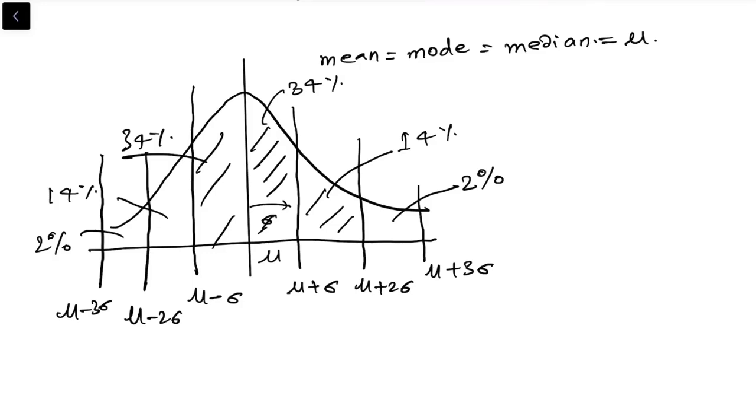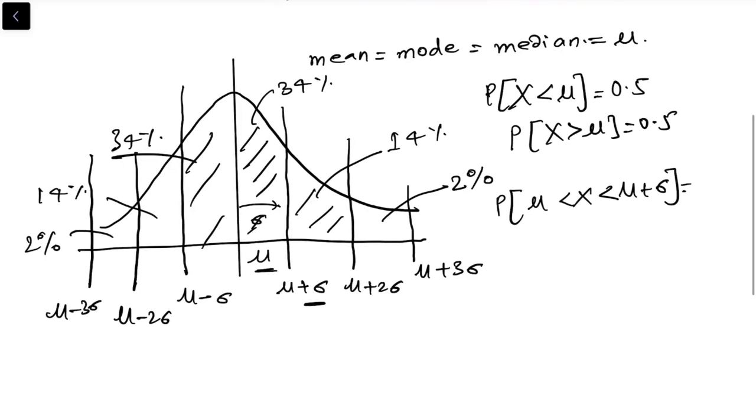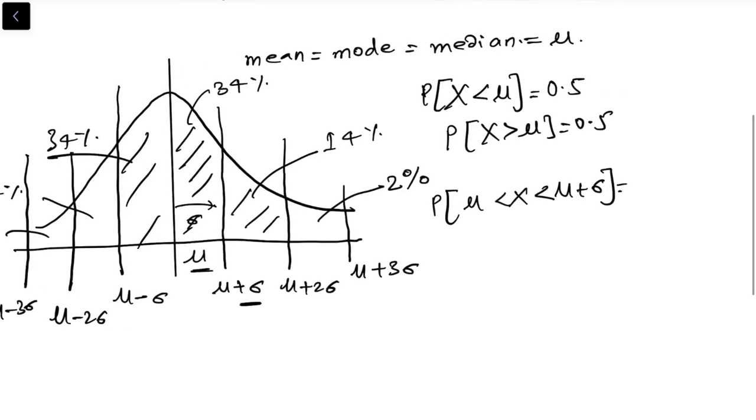So we can write this in the probability form. Probability x is less than mu, this is 50% area, right? Or probability x is greater than mu, this is also 50%. And probability x is greater than mu but less than mu plus sigma, so you can see this is mu and mu plus sigma, so this is 34% approximately. So I can say this is approximately 0.34.